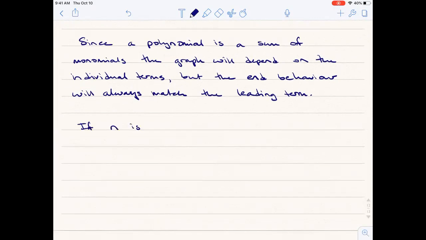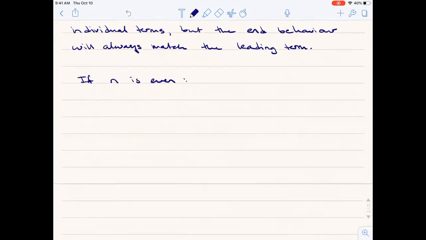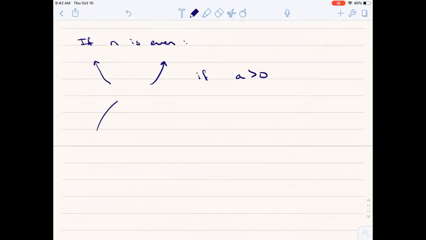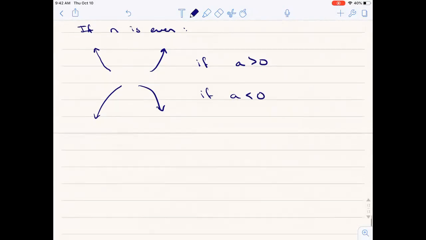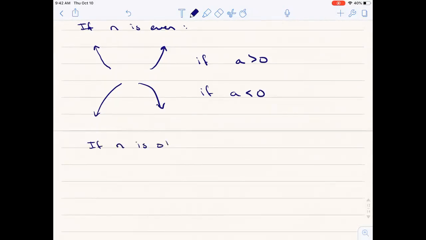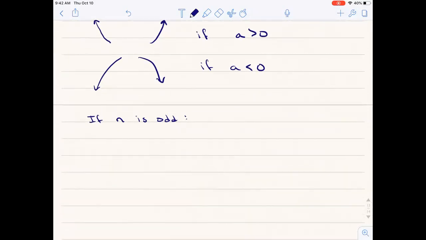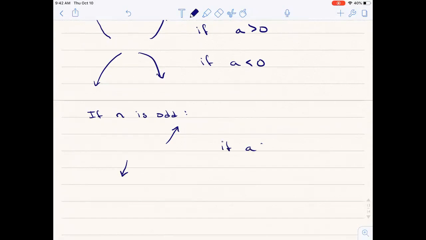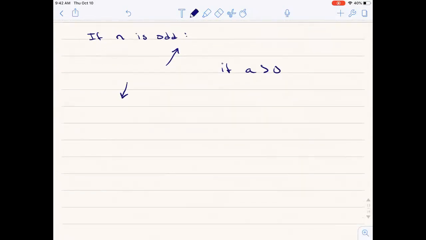So if n is even, then we might have something that looks like, and we don't know what it looks like in between, but it's going to look kind of like this if A is greater than 0, or like this if A is less than 0, if we've got a negative A. And if n is odd, we've got kind of this action if A is greater than 0, and the opposite, kind of going this way, if A is less than 0.